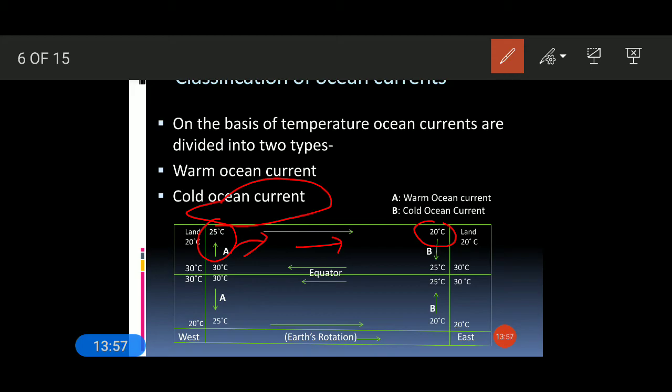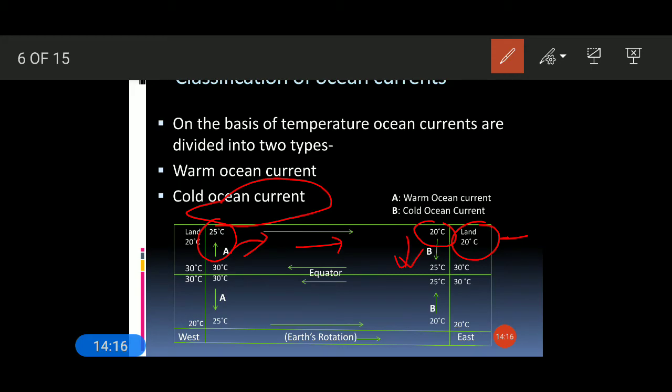Now in the latitude 45 degree, the land temperature was 20 degrees Celsius, so it is now equivalent to the water temperature. Now the same water, when it is obstructed by the land body in the eastern margin, will move toward the south, towards the equator.